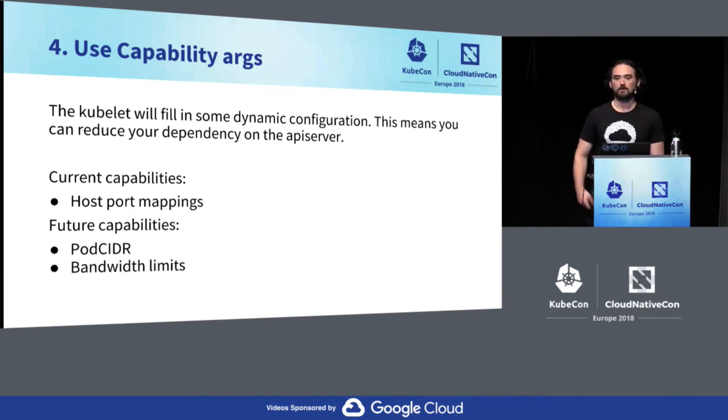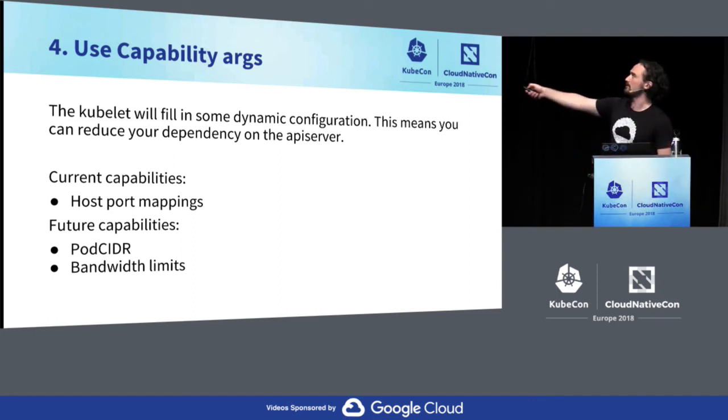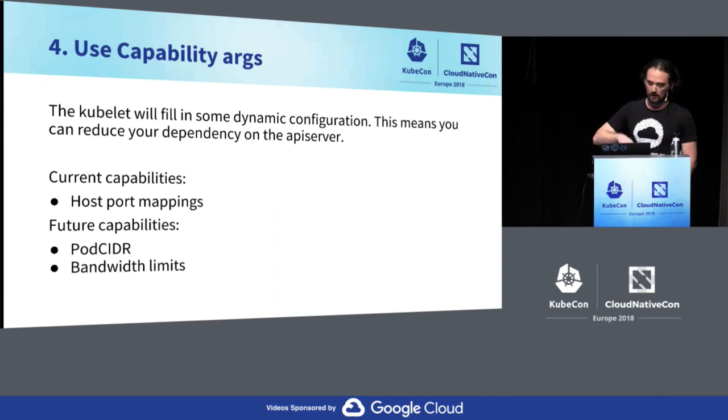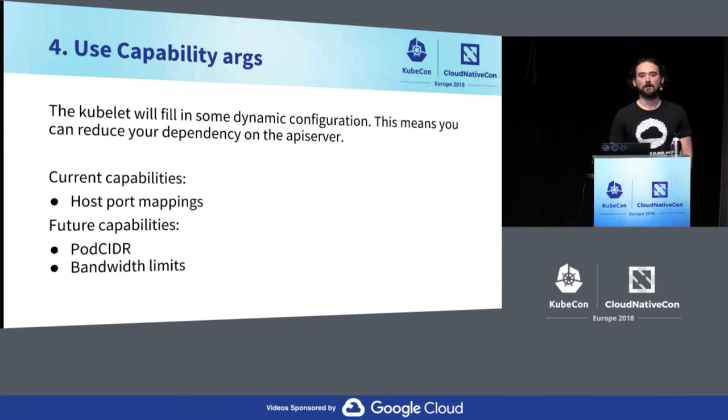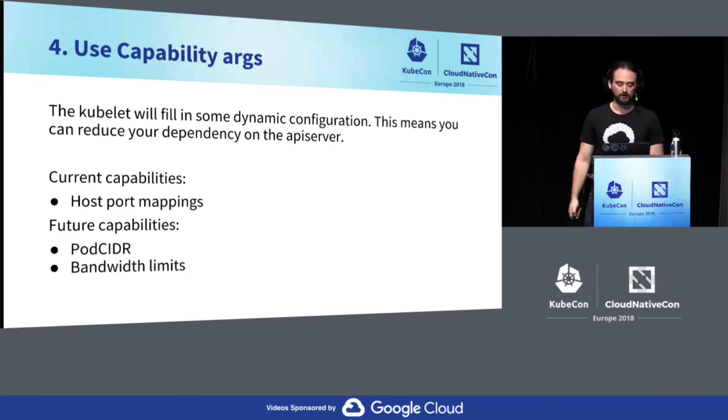Capability arguments are defined in the CNI spec and need to be implemented in the kubelet. The current capability right now is host port mappings. In other words, host port mappings is defined in the pod spec, and Kubernetes will automatically put that into each pod that has port mappings installed.